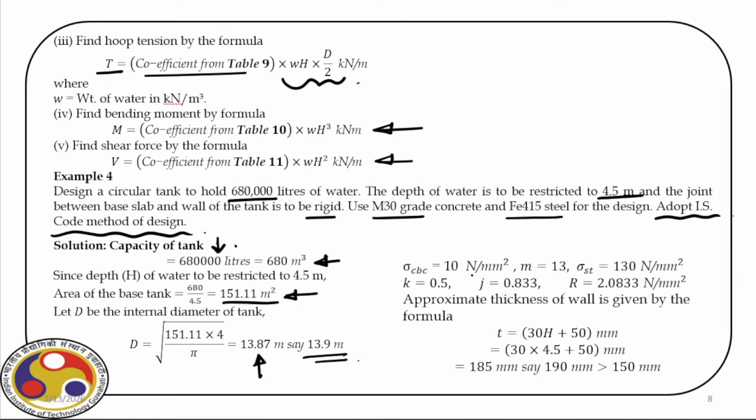Then we have the sigma CBC as usual, 10 Newton per millimeter square, modular ratio is 13, sigma ST 130 Newton per millimeter square, and based on that three coefficients, K is 0.5, J is 0.833 and R is 2.0833. So we get the approximate thickness of the wall, which is 30 times H plus 50 with a minimum requirement of 150, and then for 4.5 we get thickness of 185 millimeters, so let us provide 190.